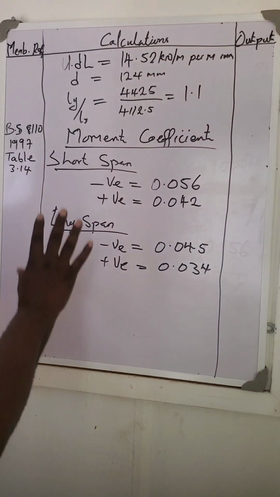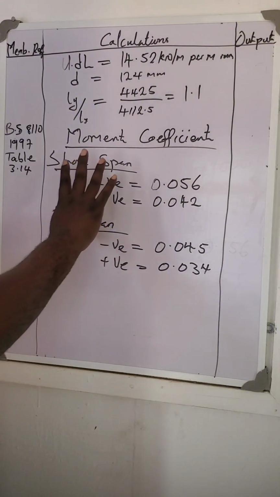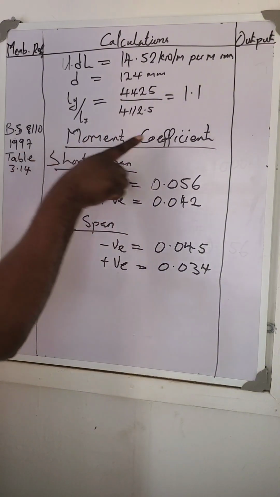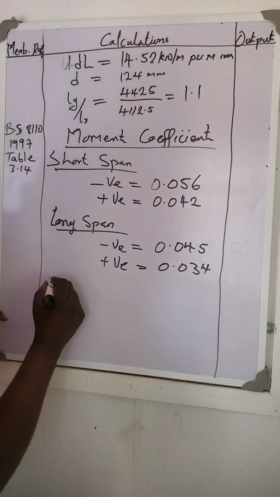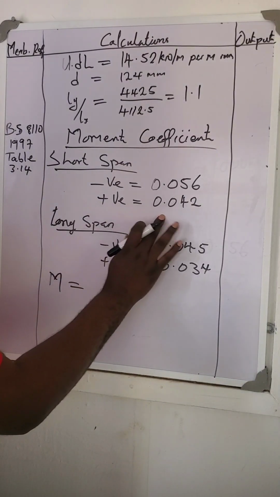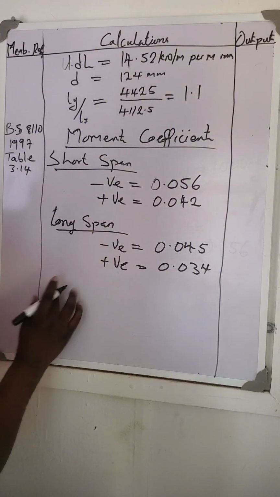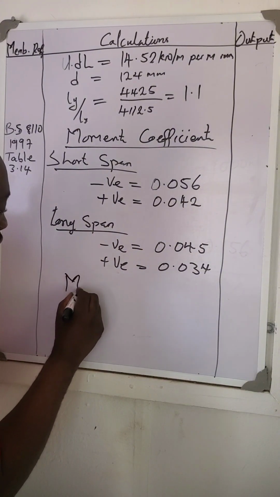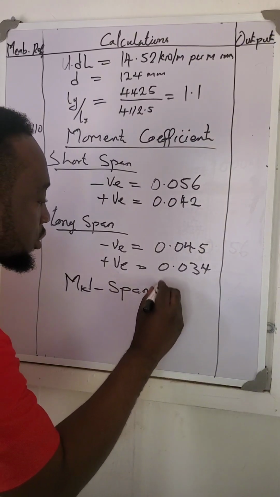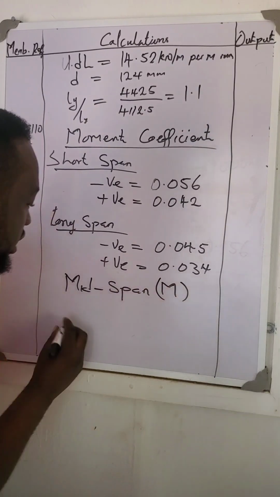Okay. The next thing to do now is getting the value of our bending moment, which is M. Let's call this one mid-span moment. All right?